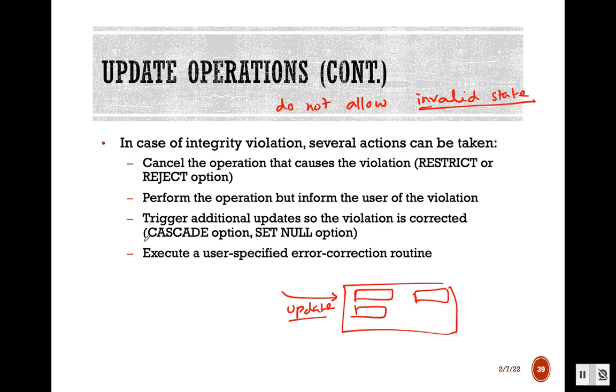So we have these four options by which the database can handle this violation of a constraint. First of all, it can cancel the operation. For example, let's say I'm going to insert a new record, but inserting it is going to violate a constraint. The database is going to cancel the operation and give you an error that it is going to violate a key constraint, so you cannot insert that employee.